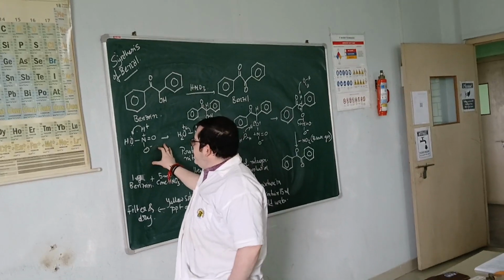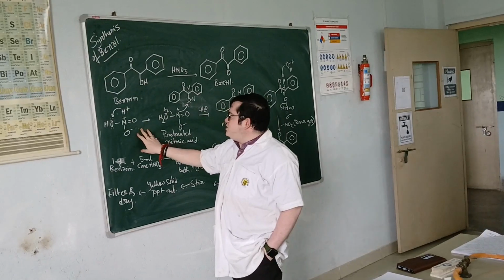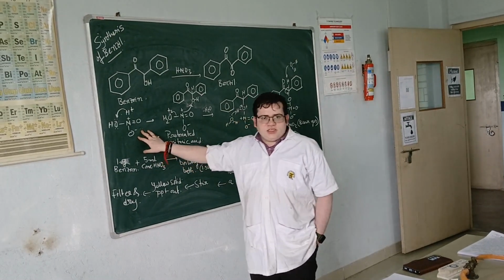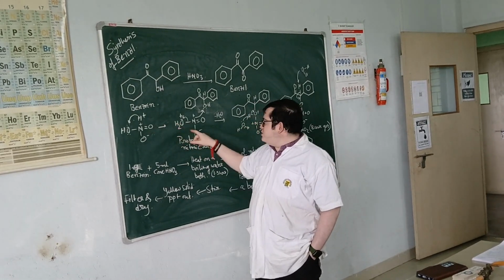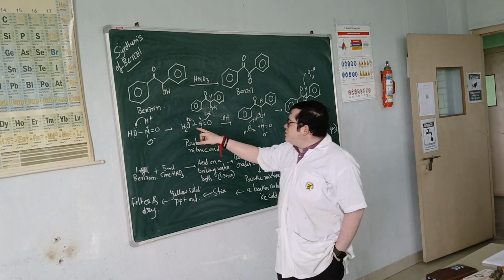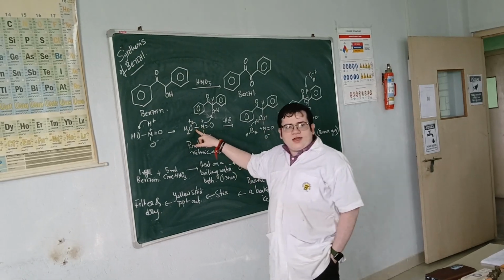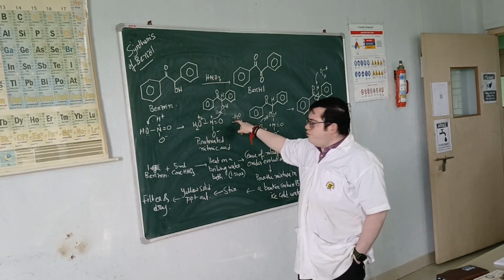If we look into the mechanism of this reaction, at first our nitric acid gets protonated. We are getting protonated nitric acid. Now from this protonated nitric acid, one molecule of water is being removed.